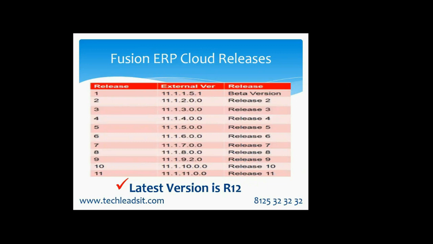All right, so I would say 70 to 80% of people are still in R12. In the coming 2-3 quarters, everyone would be going into R13. So the training we will be having is on R12.